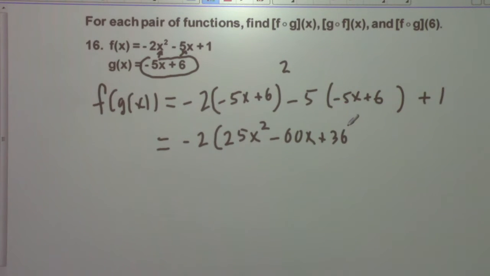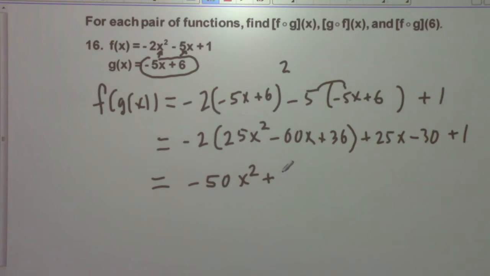36, right? And then we have minus, we can distribute out here, and that's going to be plus 25x and minus 30, is that right? And then plus 1. So really it's simplifying from here out. You get negative 50x squared, is that right? And then you have plus negative times positive 120x, then negative times positive, you get negative 72, and then plus 25x minus 30 plus 1, and what is that going to be?